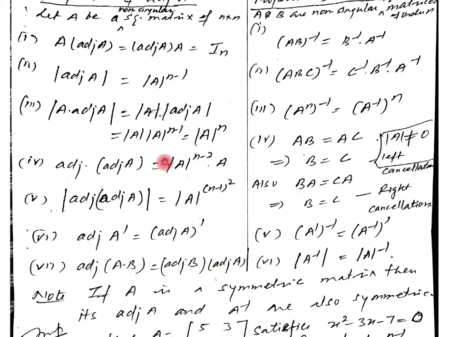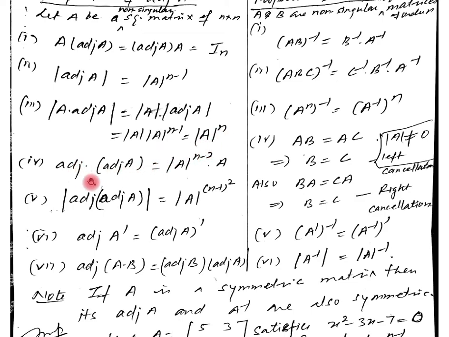Let me explain it again. The first property is A into adjoint of A equals adjoint of A into A equals I. Second, determinant of adjoint of A equals determinant of A raised to power n minus 1. Then determinant of A into adjoint of A equals determinant of A raised to power n.